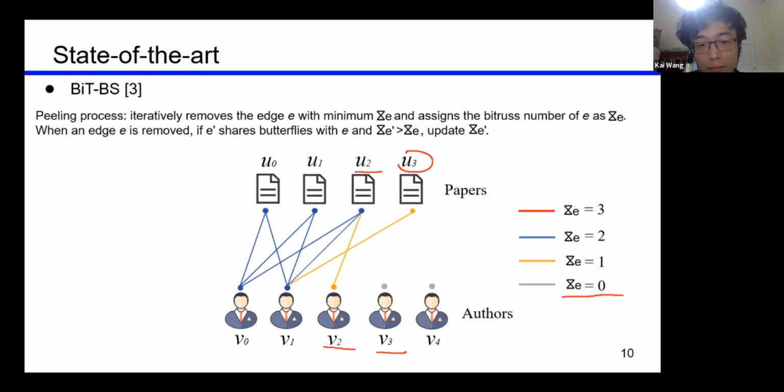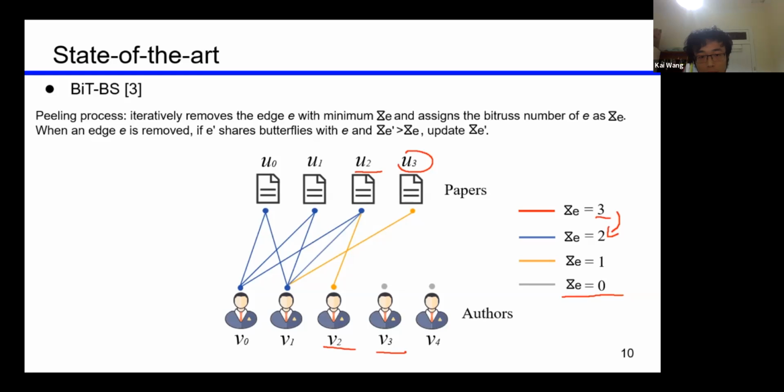We can see that when we remove U3 V2, the butterfly support of U2 V1 decreases from 3 to 2, because U2 V1 shares a butterfly with U3 V2, and the butterfly support of U2 V1 is larger than that of U3 V2.